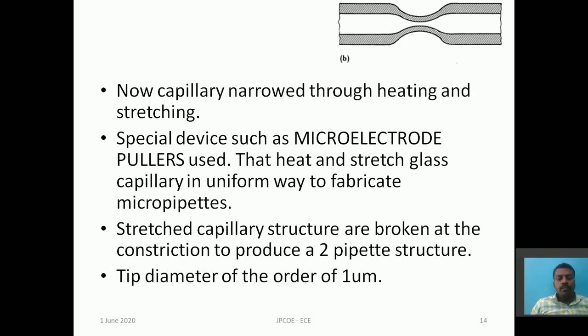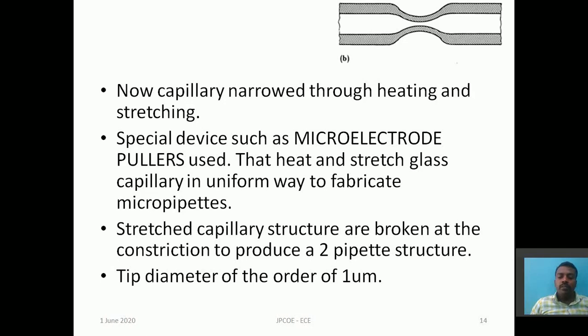Then the stretched capillary is broken at the constriction to produce two pipette structures. The narrow center position of the capillary tube is cut into two pieces.